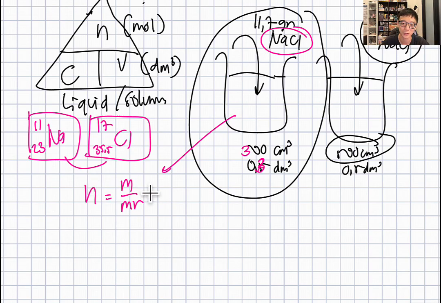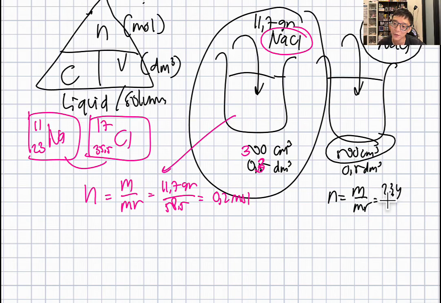So for the first glass, 11.7 gram divided by 58.5 will be 0.2 mole. For the second glass, M over Mr, 23.4 gram divided by 58.5, will be around 0.4 mole.